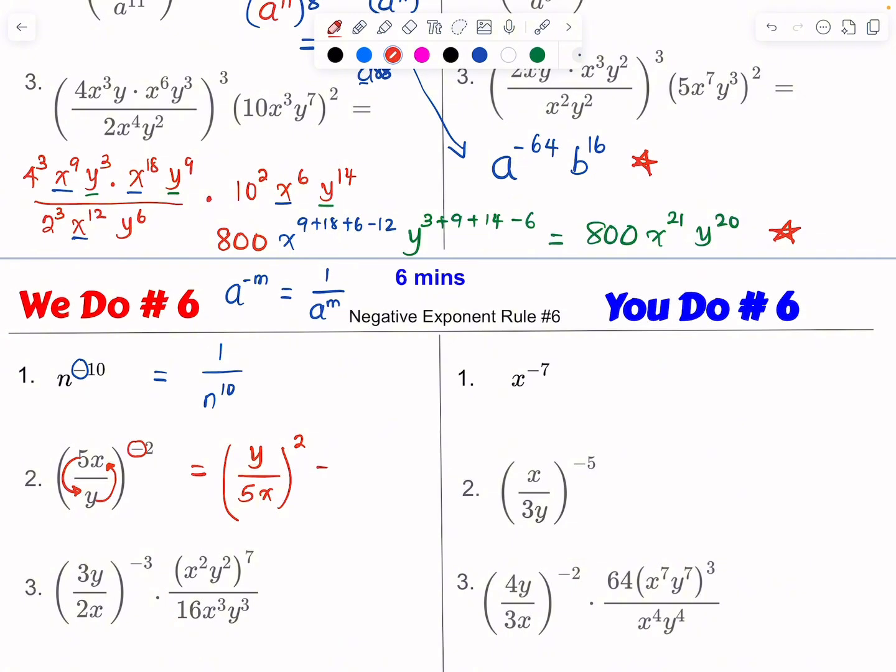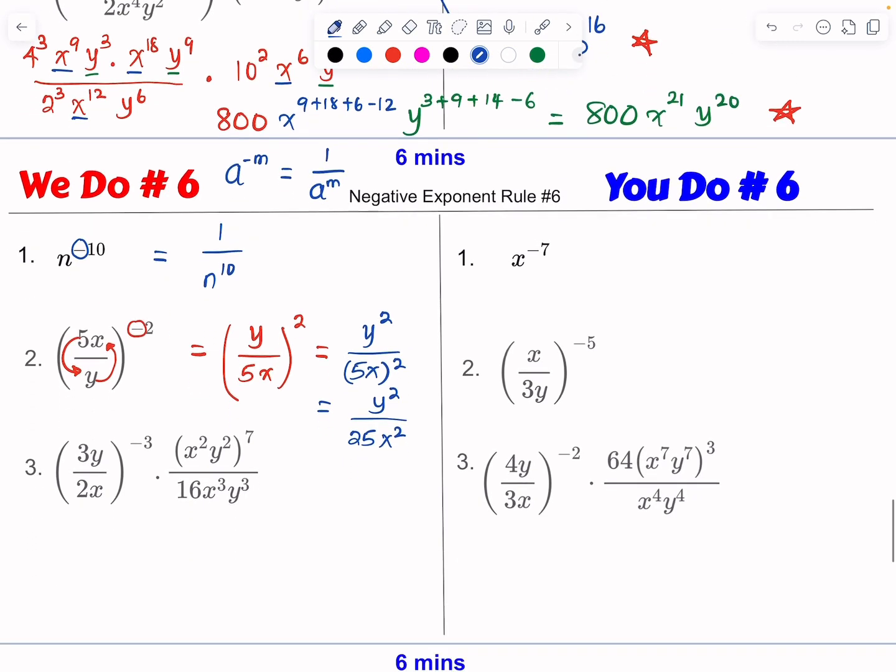So now we can apply one of the rules that we saw. Which means I will give the exponent to y. Then I will also give that exponent to the denominator. So if I simplify that, what do you have? You have y squared divided by 25x squared. And that will be the answer.